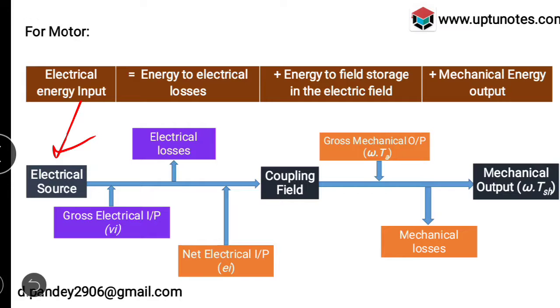Then we have the net electrical input, where small e represents the EMF, which is nothing but the back EMF. This is fed to the coupling field, and next is the gross mechanical output, where T A is the air gap torque. After that, mechanical losses occur and we get omega into tau sh, where sh stands for the shaft torque.